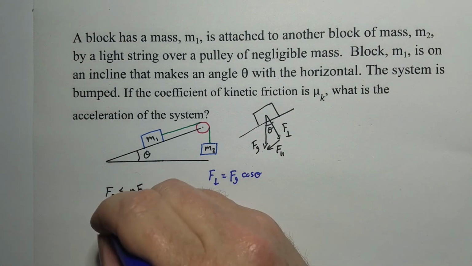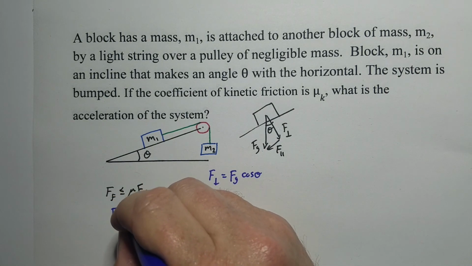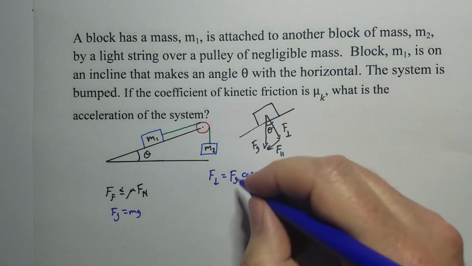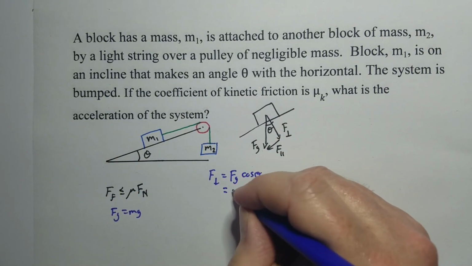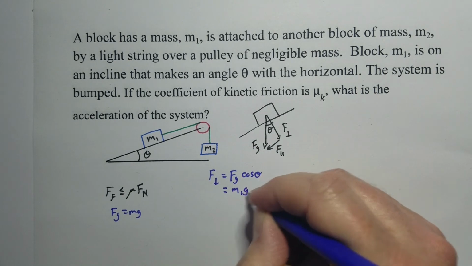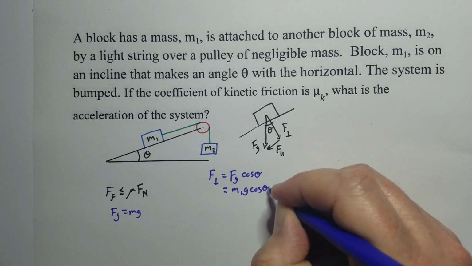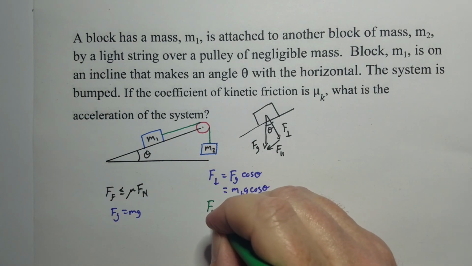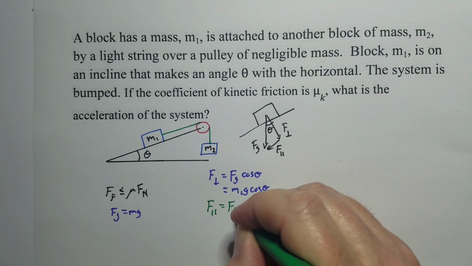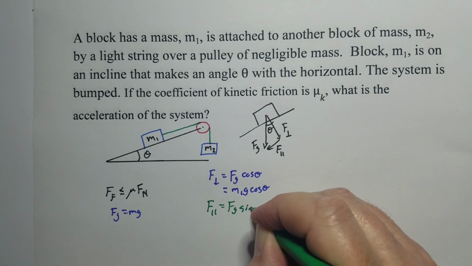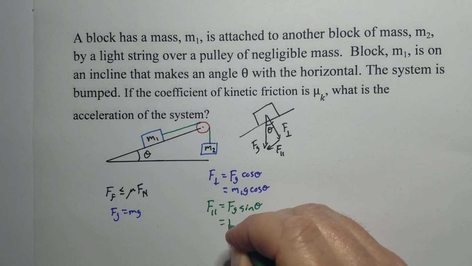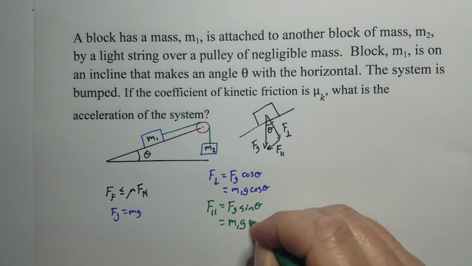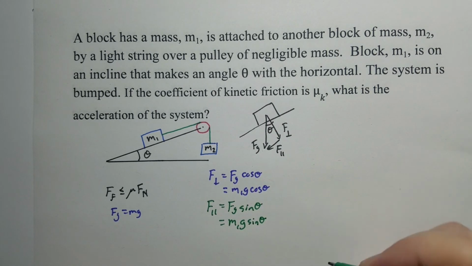Fg equals mg, and this is block 1, so that's m1g cosine theta. For the parallel component, it's Fg sine theta, so that's m1g sine theta.